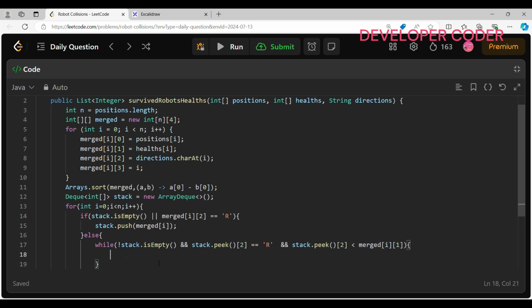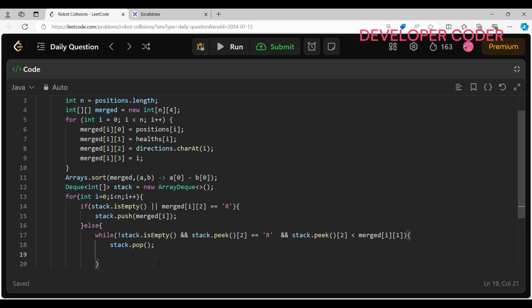So here stack dot pop. I have removed that element, and the value with the higher health I have to decrement by 1. So here I'm going to decrease merged of I 1, the health, by 1.